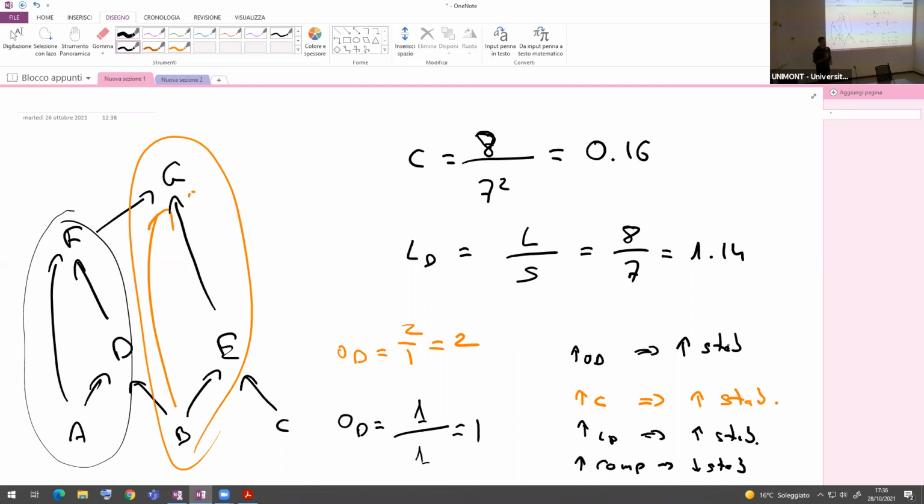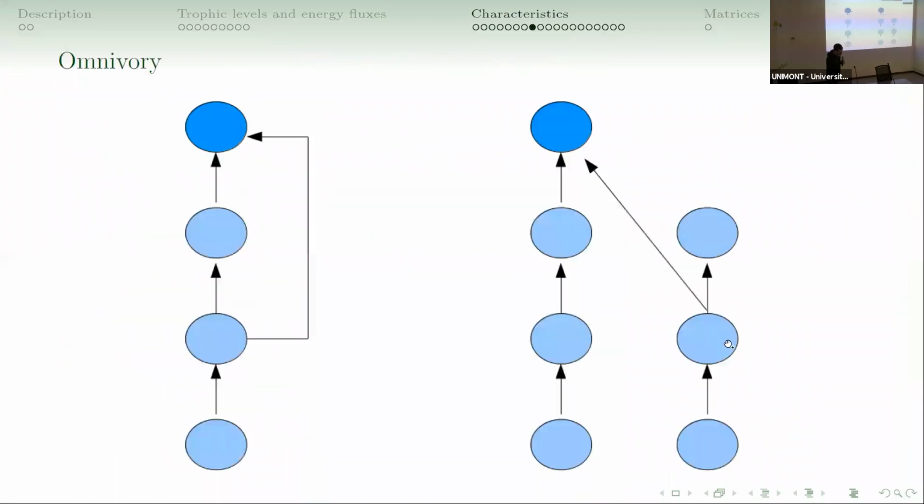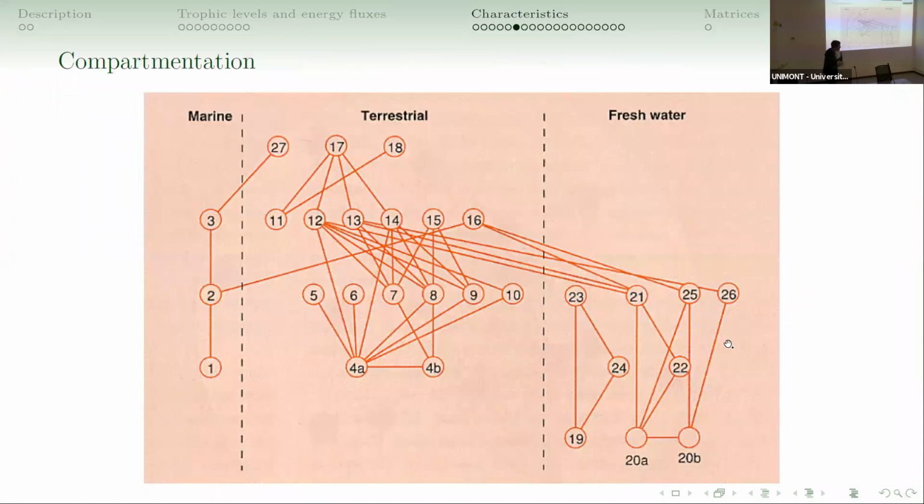All right? And that also explains why higher compartmentation, which means lower connectance, gives stability. It's what you said in the beginning, but then you didn't link it to complexity.